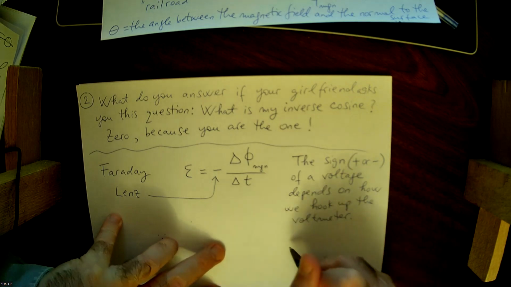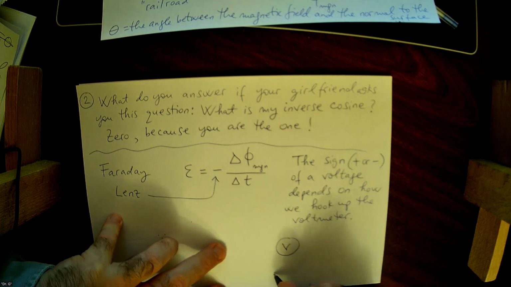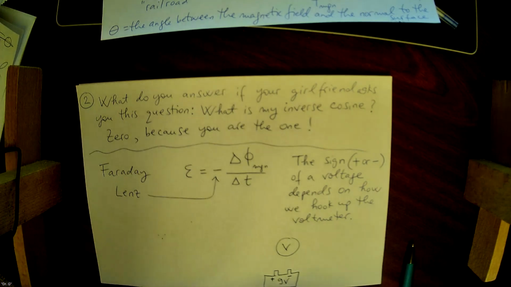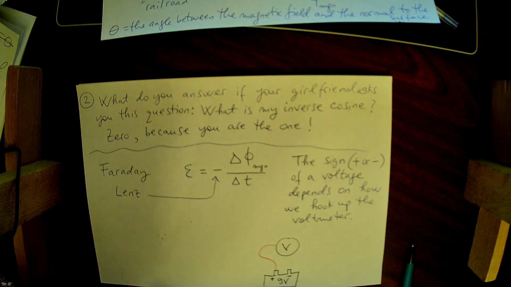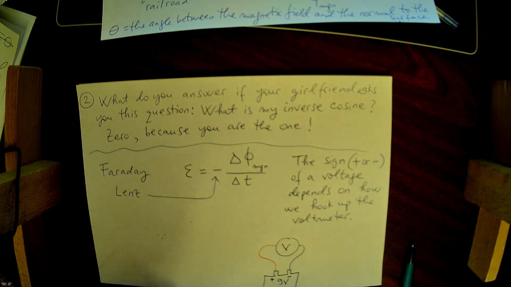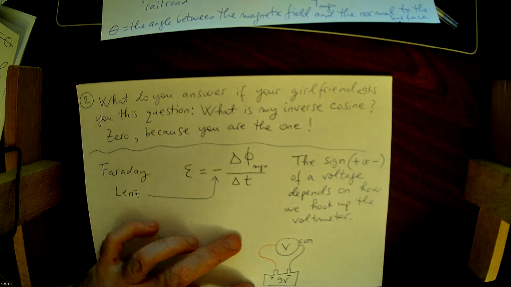So if I have a voltmeter here, and a 9-volt battery with the plus here and the minus here, if I hook up the red voltmeter wire to the plus of the battery and the black voltmeter wire to the minus of the battery, this, you'll see COM on the voltmeter, common ground.